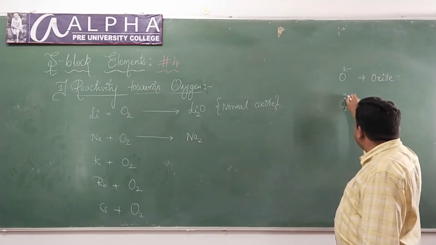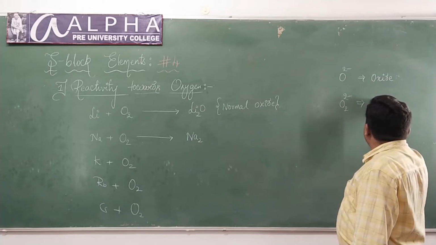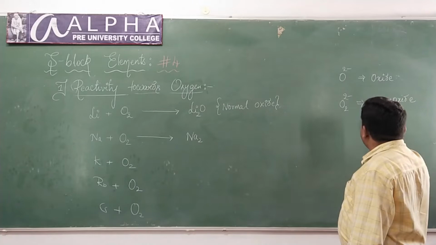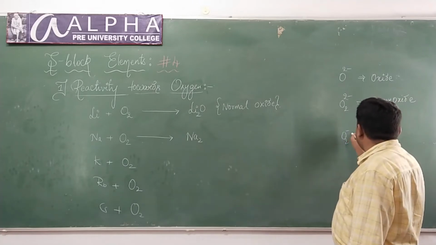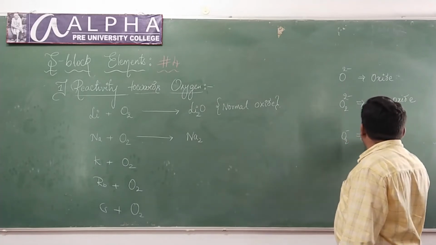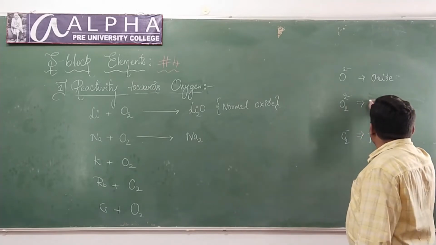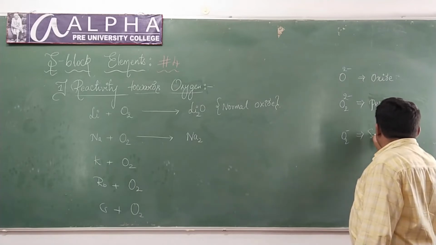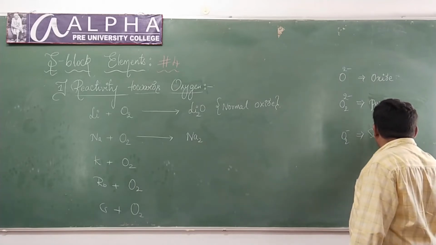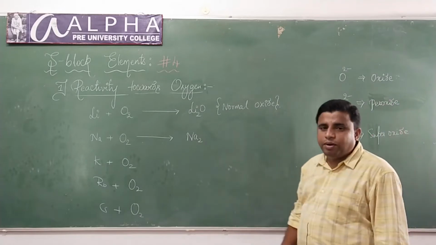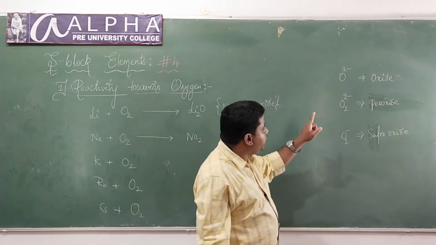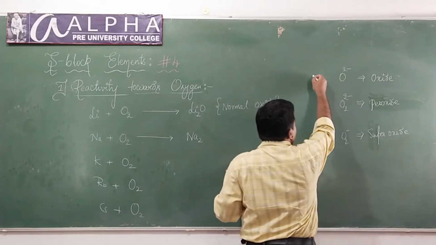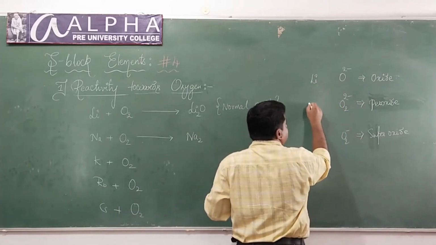O2 2- is called peroxide. O2- is called superoxide. Are you getting my point? O2- is oxide, O2 2- is peroxide, O2- is superoxide.